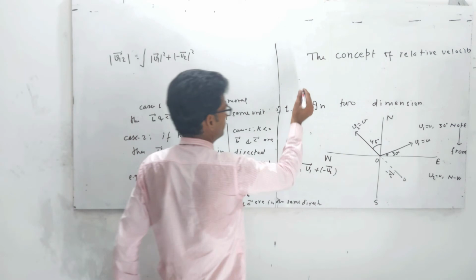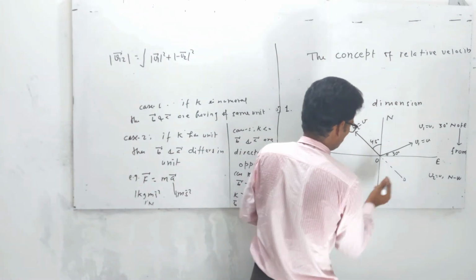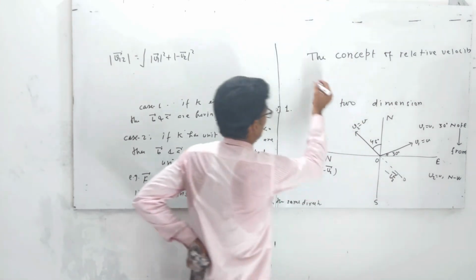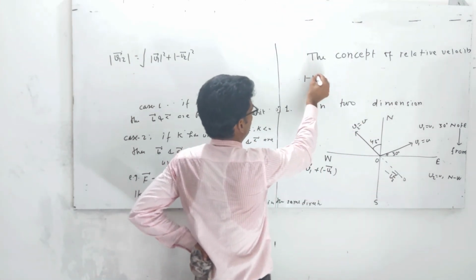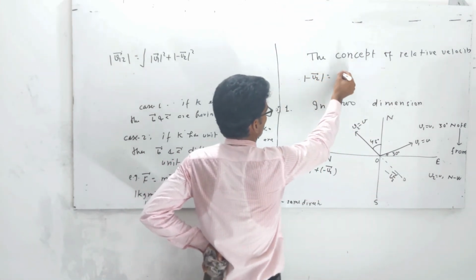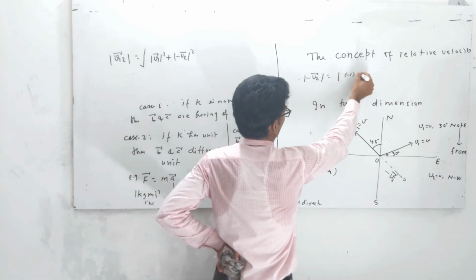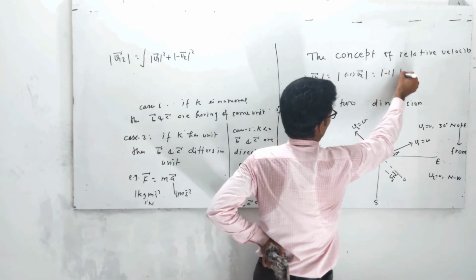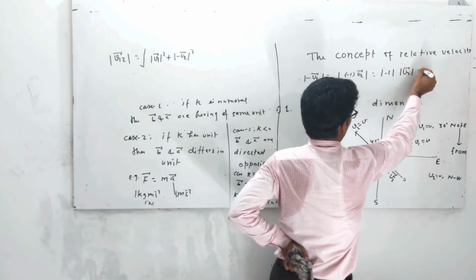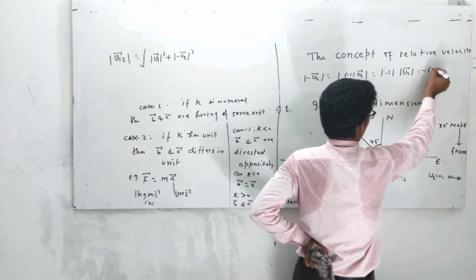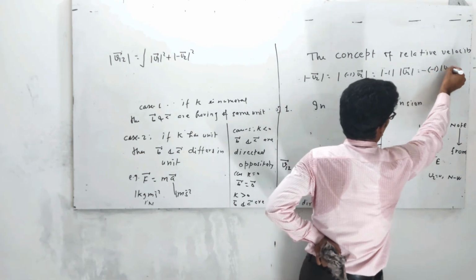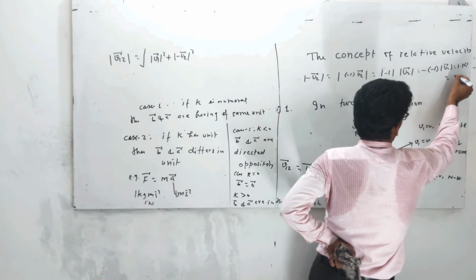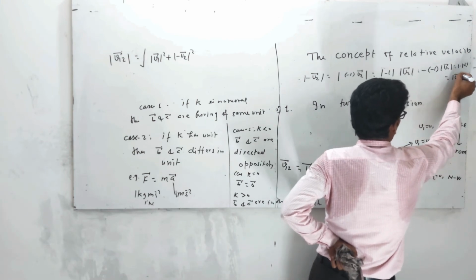So the modulus of minus v2 is mod of minus 1 times mod of vector v2, which is 1 into mod v2. This is equal to mod v2.